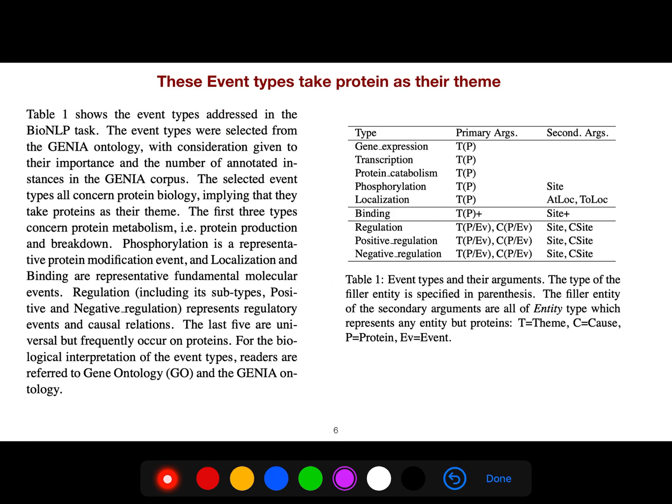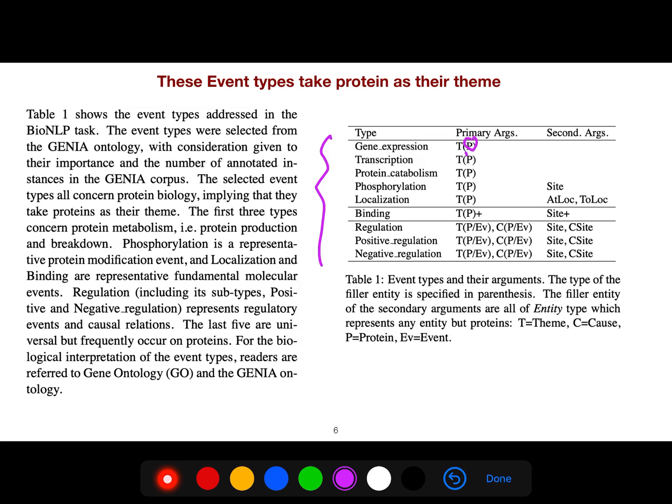This table shows the event types addressed in BioNLP. The event types were selected from the GENIA ontology with consideration given to their importance and the number of annotated instances in the GENIA corpus. The selected event types all concern protein biology, implying that they take protein as their theme.